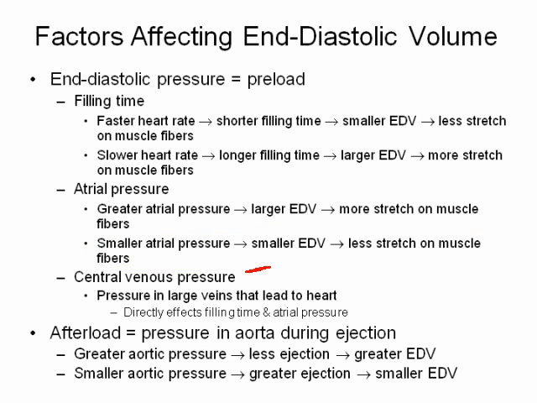What's called central venous pressure. This is the pressure in the large veins that lead to the heart, and it directly affects both filling time and atrial pressure. And then afterload is the pressure in the aorta during the ejection. So greater aortic pressure means less ejection and greater end diastolic volume. Lower or smaller aortic pressure produces greater ejection and a smaller end diastolic volume.